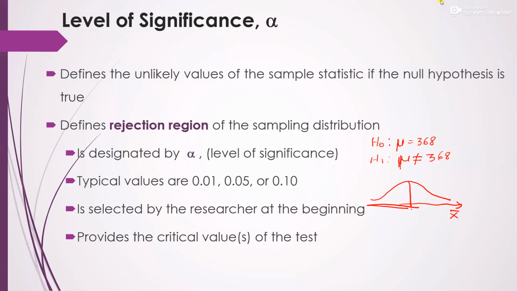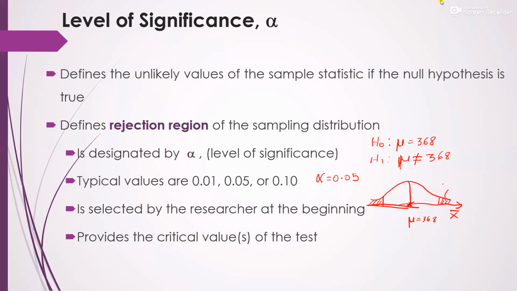Here, this is our H naught, because this is a population mean value. So mu is equal to 368. Now we want to test. We say that our level of significance, alpha, is 0.05. Since H1 has a not equal sign, this alpha should be allocated to the two tails.